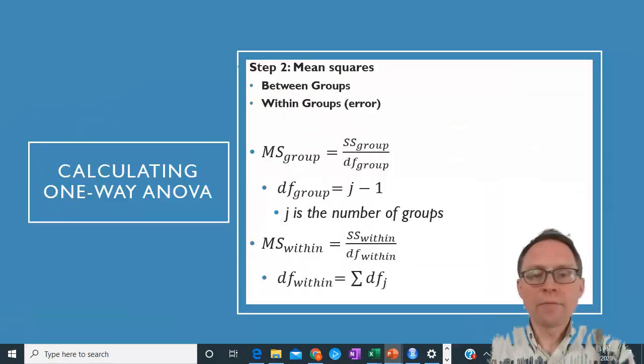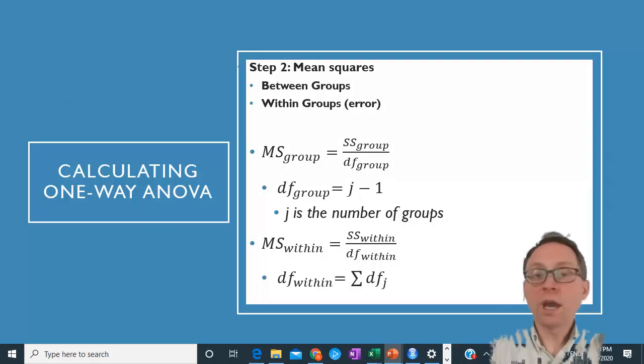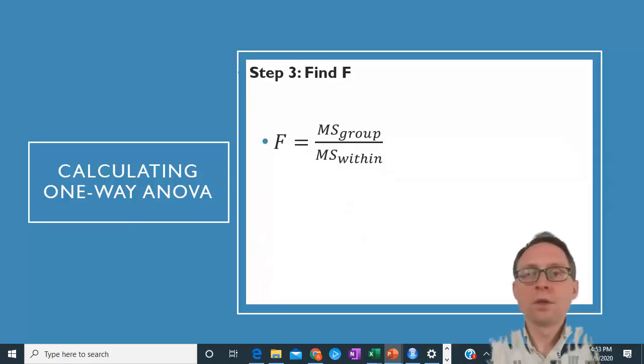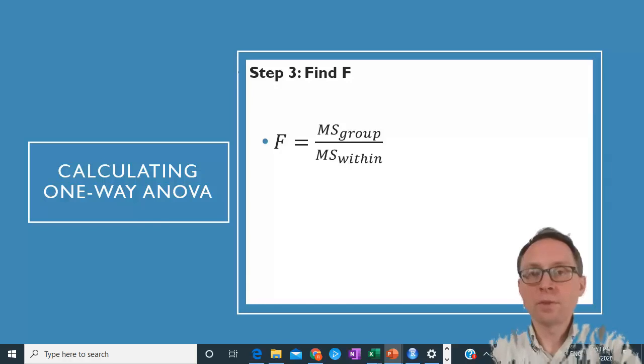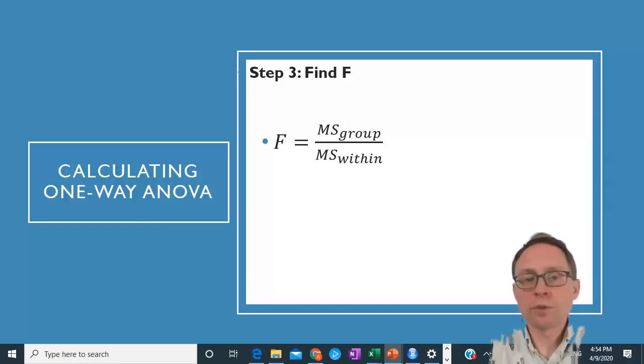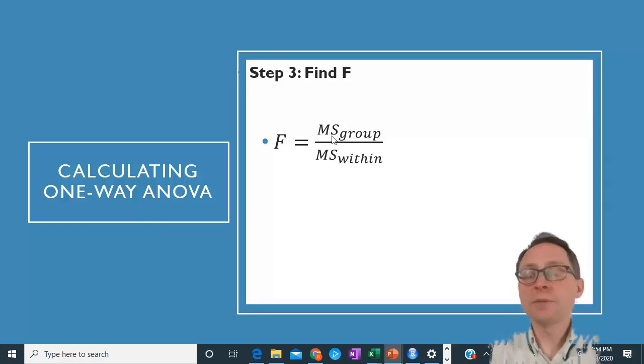Now that we have the mean squares, we can calculate the statistic. For analysis of variance, the statistic we use is F. If you remember, we've seen an F statistic before when we talked about multiple regression. To get the F, we divide the mean squares of the group by the mean squares within. The mean squares is an estimate of the variance.